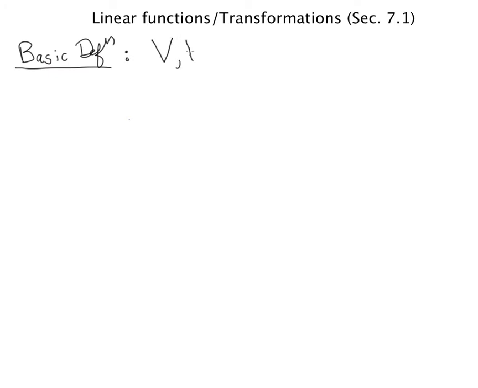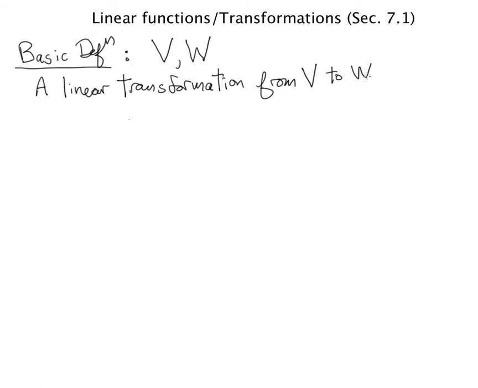Suppose we have two vector spaces V and W. A linear transformation from V to W, okay, that's what I'm defining, is a function f mapping V to W, satisfying some conditions.